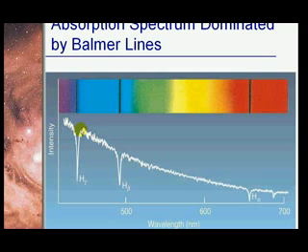And as you see, this is a very hot spectrum, because the peak of the wavelength here is at the blue region. So that's why this will be a hot star.